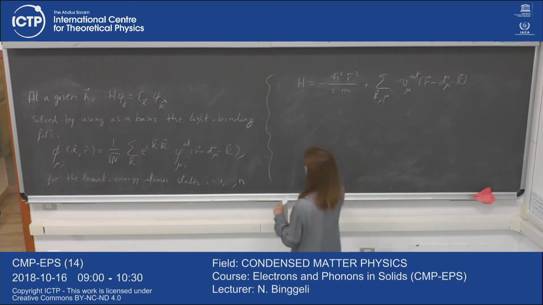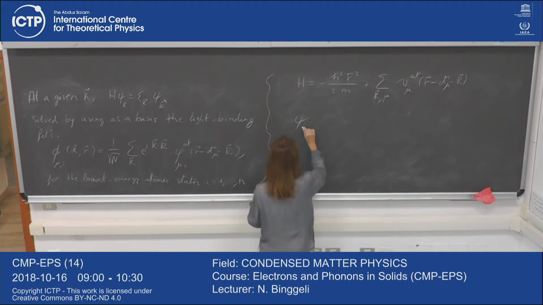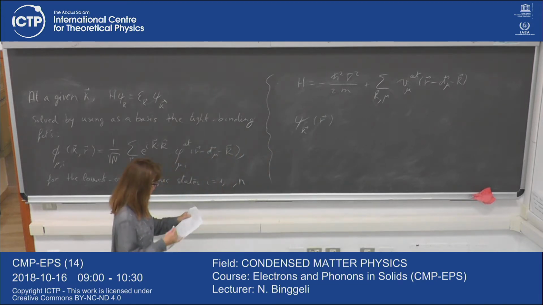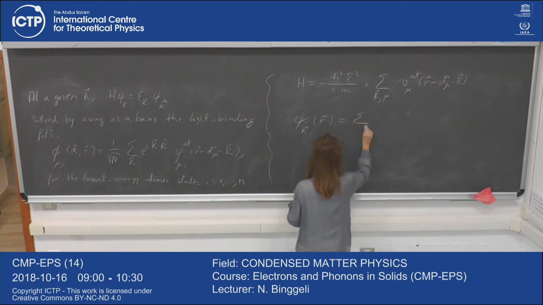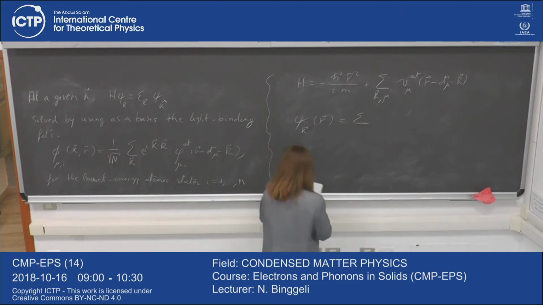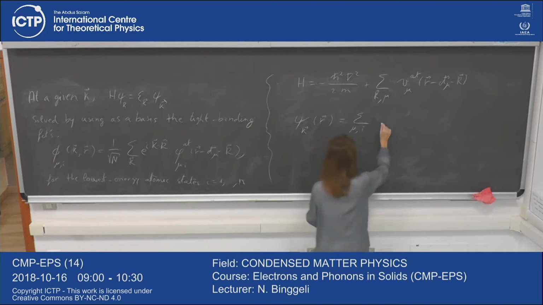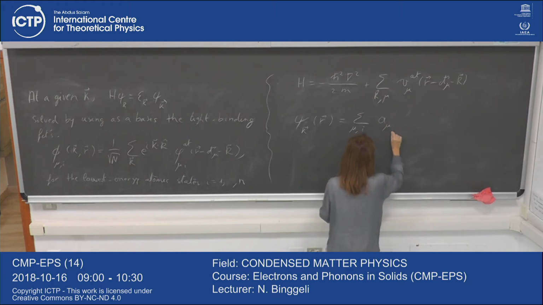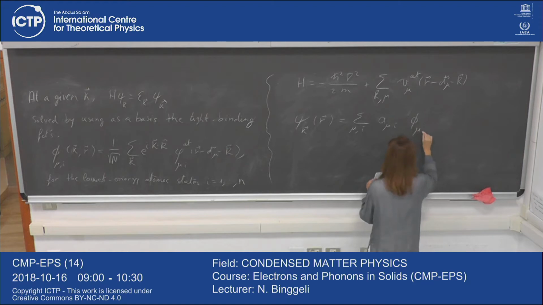So now, as I mentioned, I will write my crystal state, psi k of r, as an expansion on my basis function. So I will sum over mu and i, a coefficient a mu i, phi mu i.